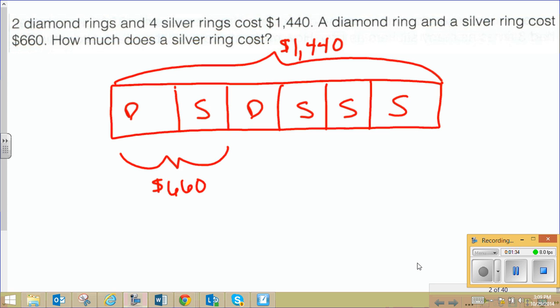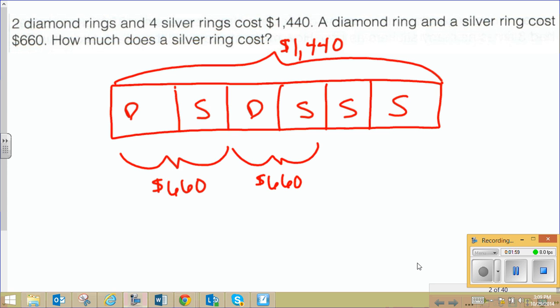So in order for us to find how much a silver ring cost, we need to fill in the remaining missing parts of our bar. So if we know that a diamond ring and a silver ring cost $660, we recognize that those two pieces go together, and this one will also be $660.